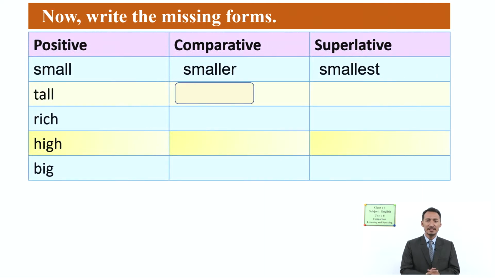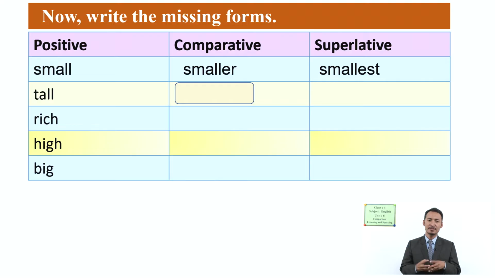This is to fill the table. Okay, students, so we have here adjectives in the 3 degrees or 3 levels: positive, comparative, and superlative. Okay, students, do you know them? Positive are the normal adjectives like small, tall, rich, big, thin. These are called positive, or the basic level of adjective.